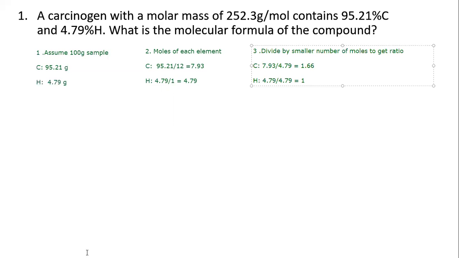Because when you take 7.93 divided by 4.79, it comes back to you as 1.6555. So we'll round it to 1.66.